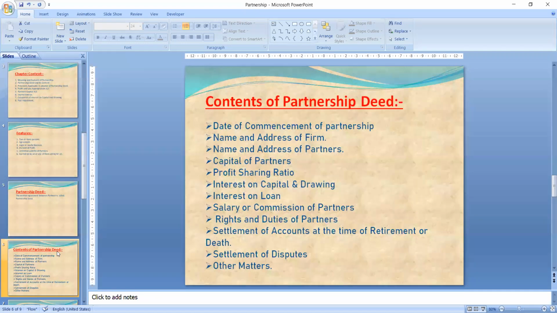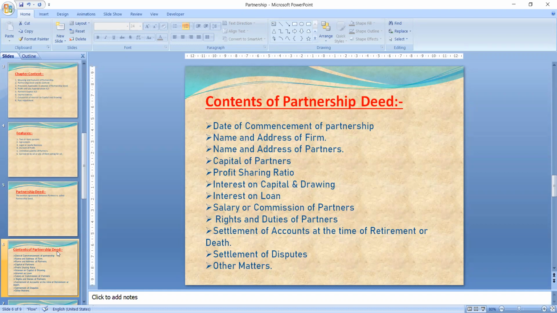So here are the contents of the partnership deed. These are examples of items which are written in a partnership deed. The first item is the date of commencement of the partnership.